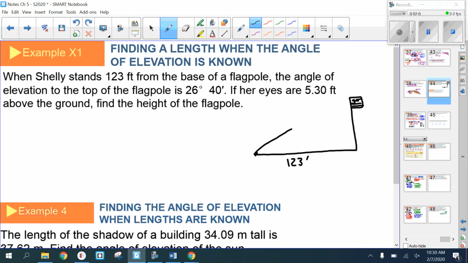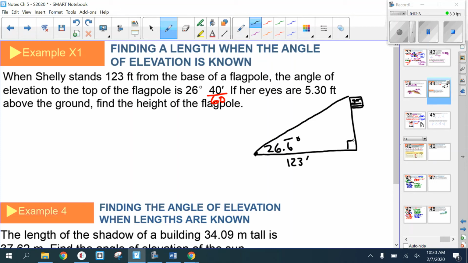So they're talking about this right here, and the angle of elevation is from horizontal to that angle right there. Now remember, 40 minutes, if you were going to convert, you do 40 over 60, so that's 0.6 repeating. So I've got 26.6 repeating degrees. I'm going to change it to decimals; it's just easier to deal with decimals. That's going to be a right angle, so we've got a right triangle.